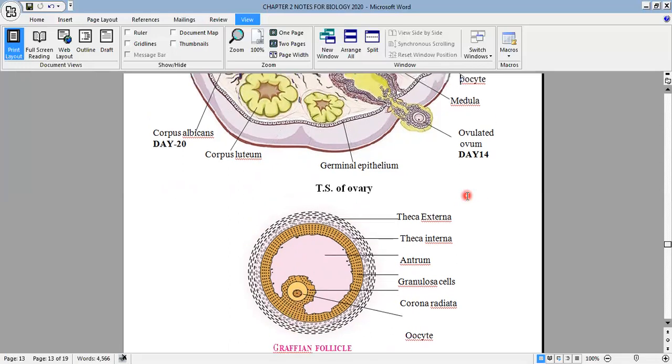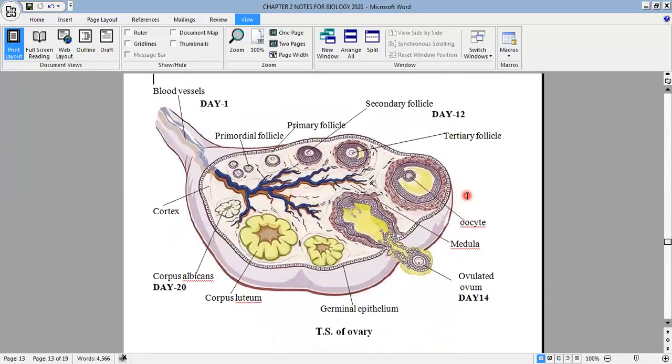Let's go through the diagram for the TS of ovary given here. Now, a primordial follicle gets converted into a primary follicle. Primary follicle has a primary oocyte surrounded by many layers of granulosa cells. Later on, oocytes surrounded by granulosa cells get differentiated into many layers like zona pellucida, corona radiata, granulosa cells, theca externa, theca interna, with the antrum filled with a fluid.